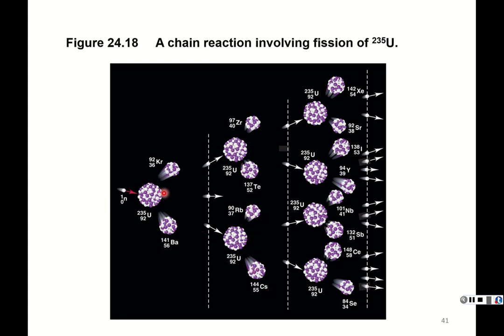Lots of different products can be made, but each time you're also releasing neutrons, which can then split more uranium atoms, causing this amplification with each wave and a chain reaction.